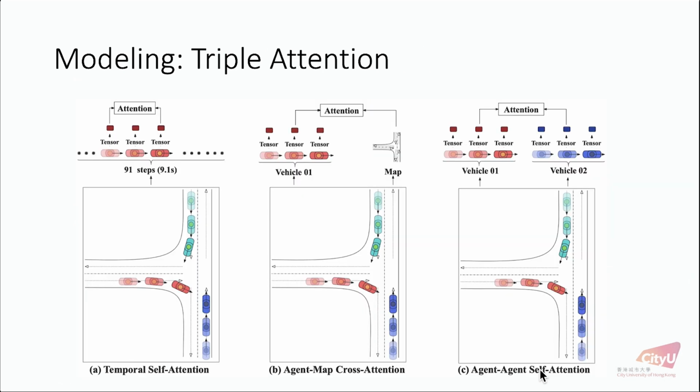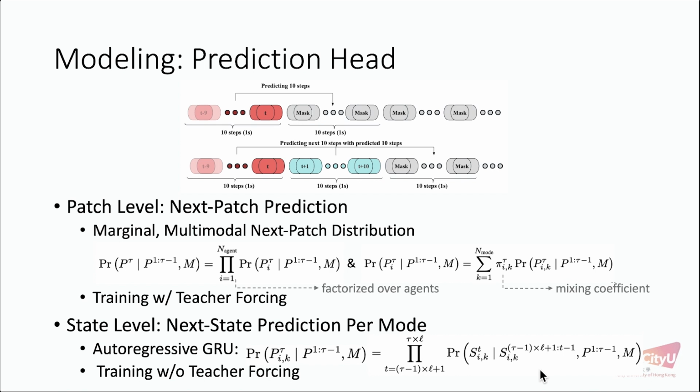The transformer decoder consists of 3 attention modules, including a causal self-attention in the time dimension, an agent-map cross-attention, and an agent-agent attention. Based on the attention output, we employ teacher forcing to train the prediction head to perform next patch prediction. We assume the next patch distribution to be marginal and multimodal, parameterizing it with a mixture model.